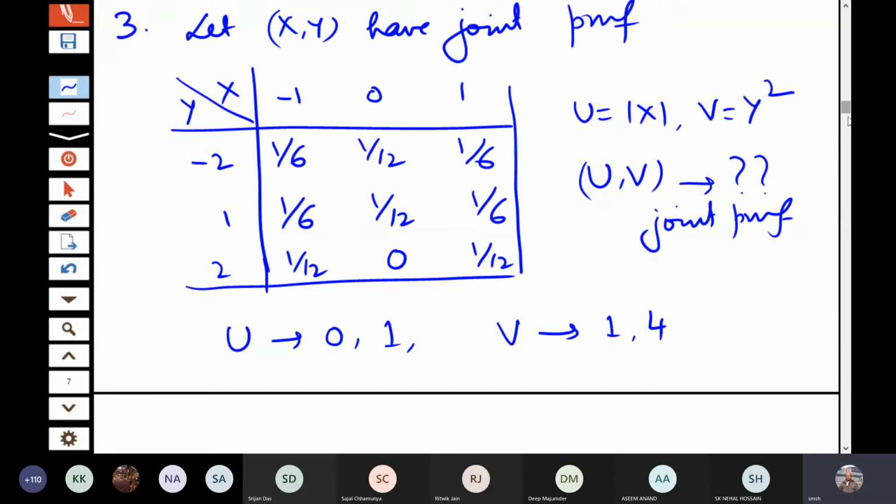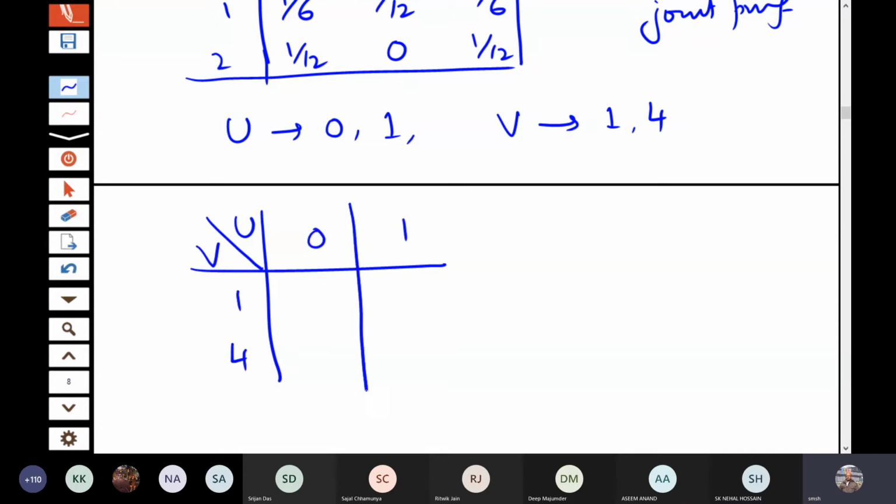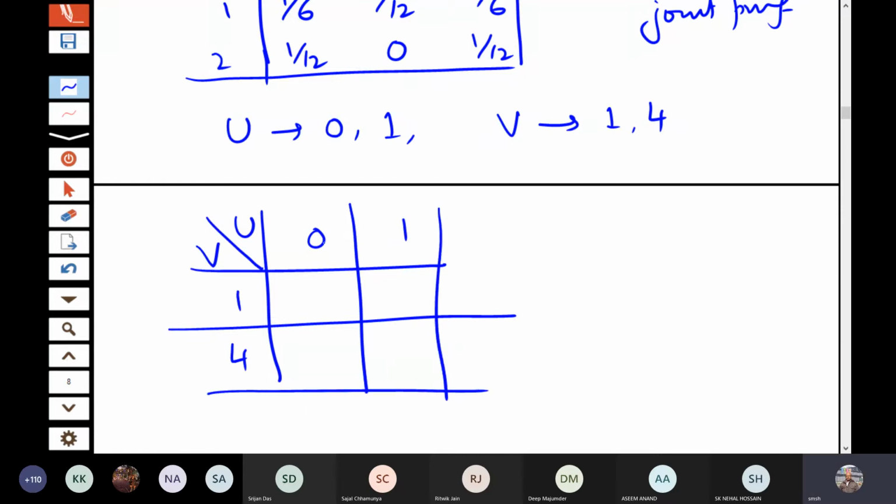So if I put U here and V here, then U is 0, 1 and V is 1, 4. What is the probability that U is equal to 0 and V is equal to 1? That is the same as the probability that X is equal to 0 and Y is equal to 1, so that is 1 by 12.